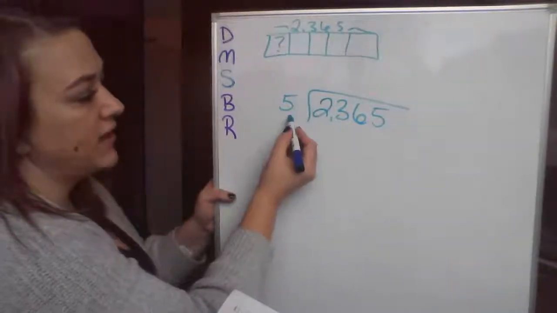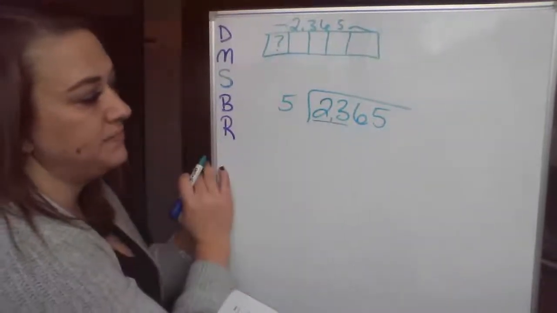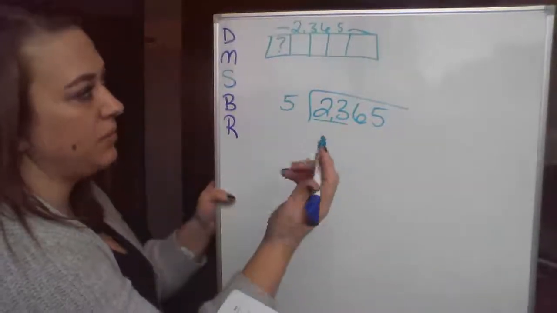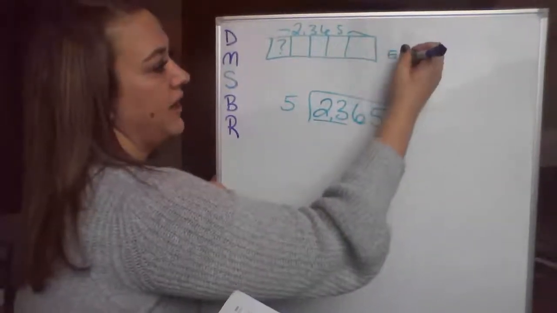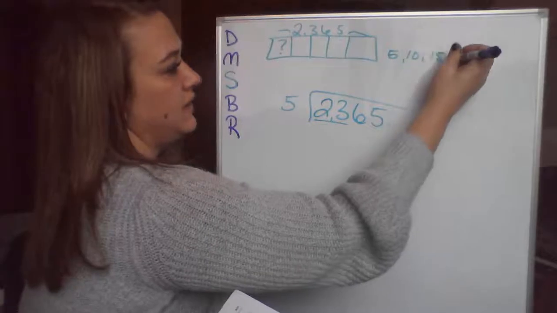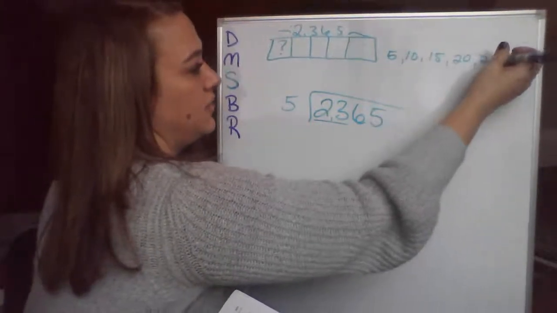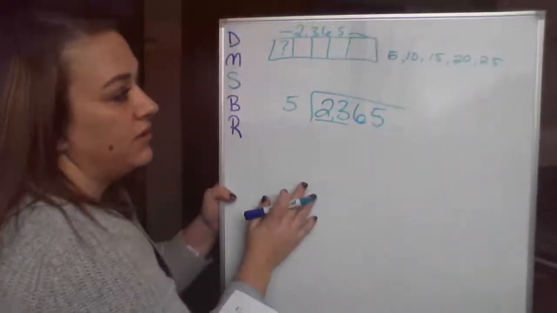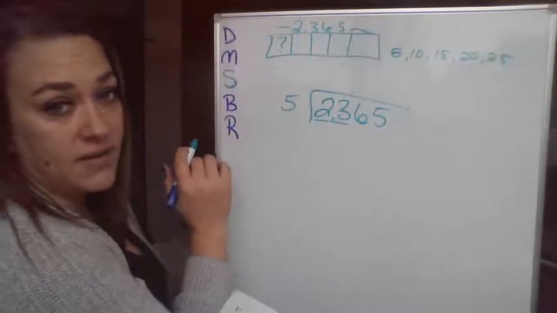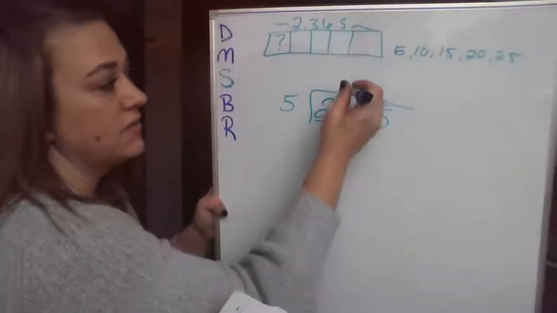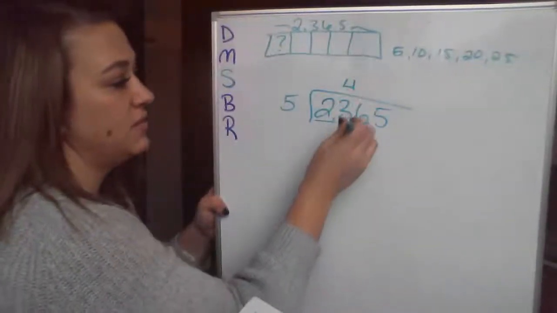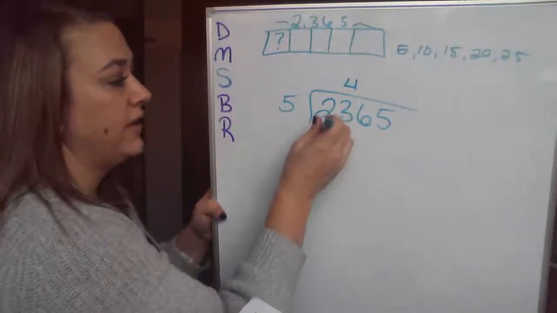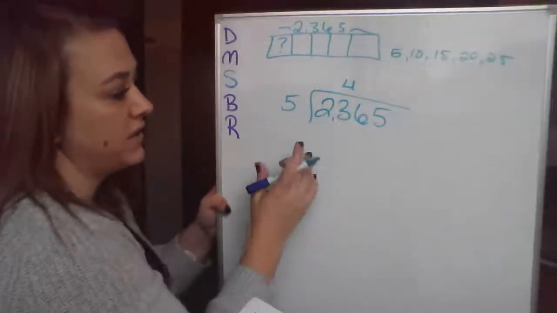2 is less than 5. So we're going to look at 23. We can skip count by 5s. 5, 10, 15, 20, 25. Well, I know that 4 groups of 5 is 20 because 5 times 4 gives me 20. 5 groups would be too many because I only had 23.